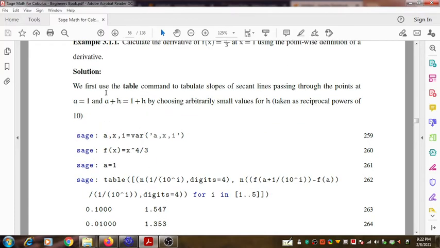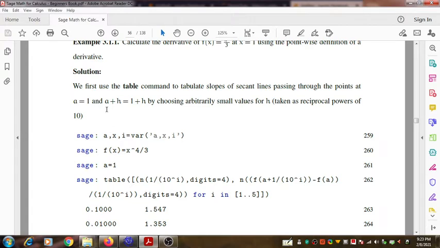We first use the table command to tabulate the slope of the secant line passing through the points at a equal to 1. Here we mention that the given point at which the derivative is to be determined is a equal to 1, and we also consider a plus h, another point which is very close to the point a.